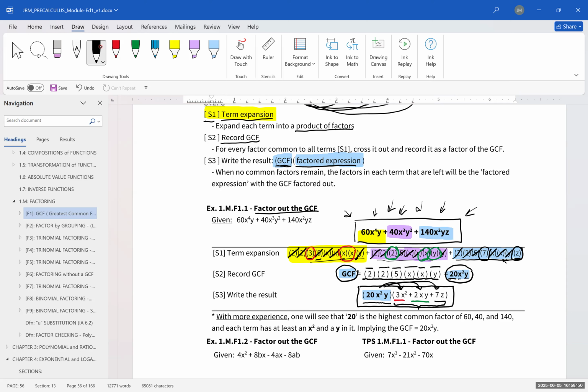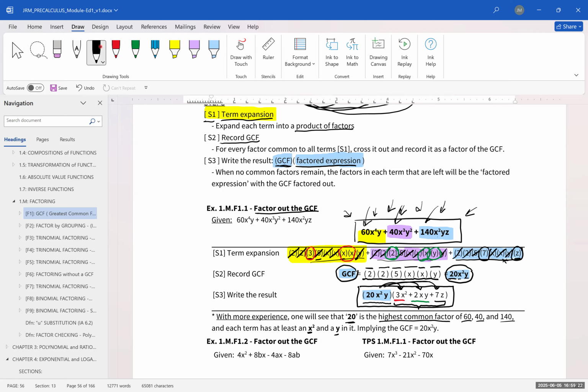With more experience, you'll be able to look at a polynomial and see that 20 is going to be the highest factor of 60, 40, and 140, the coefficients in each term. And then you'll be able to look at the variables in each term and see that you can at least get an x squared out of each one, and you can get a single y out of each one.